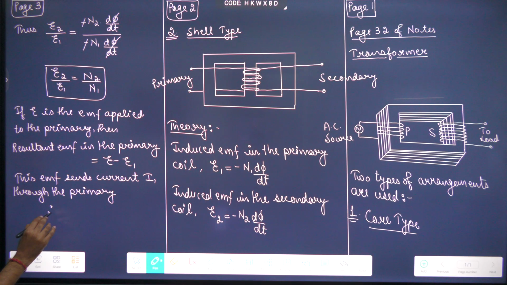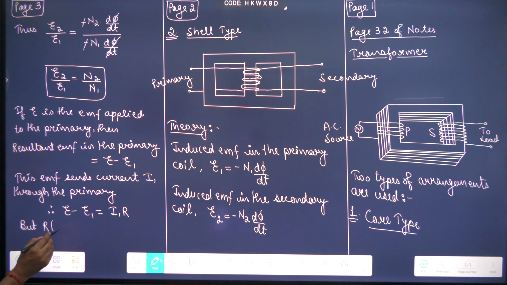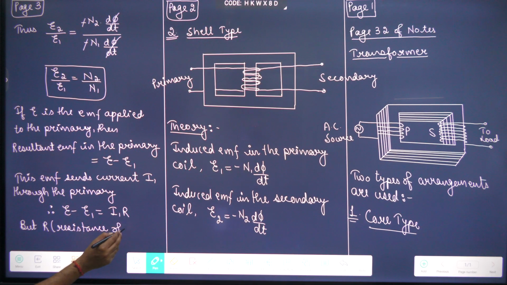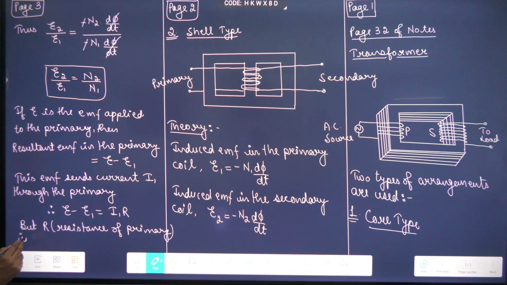Therefore, E minus E1 is equal to I1 into R. But R, in bracket write resistance of primary, is very small.